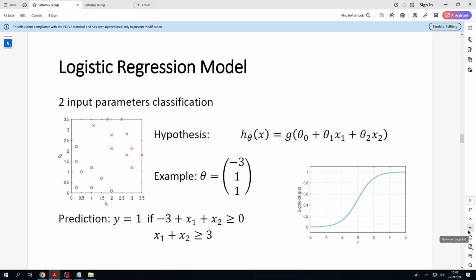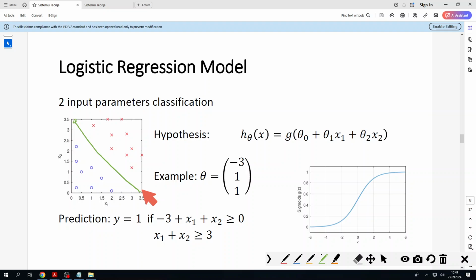So now let's say you have two possible input parameters, x1 and x2, and then you have certain criteria to match. What we need to do is find a certain boundary between these two classes, in the form of a line splitting these two clusters of data.